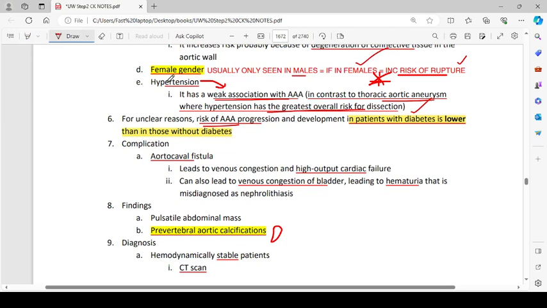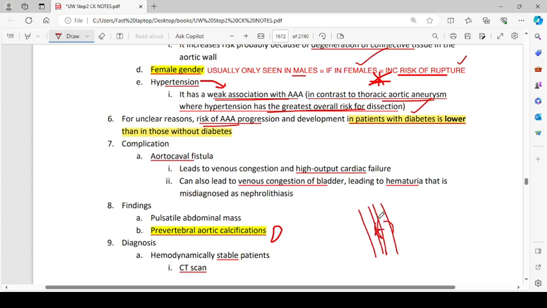The complications are aortocaval fistula, which leads to venous congestion and high output cardiac failure, which means that suppose this is the abdominal aorta and it is lying in close proximity to the inferior vena cava. So this bulging abdominal aortic aneurysm can make a fistula or make a connection with the vein.